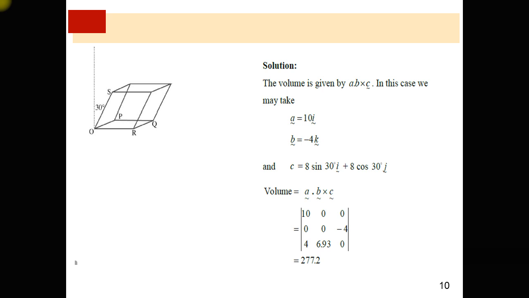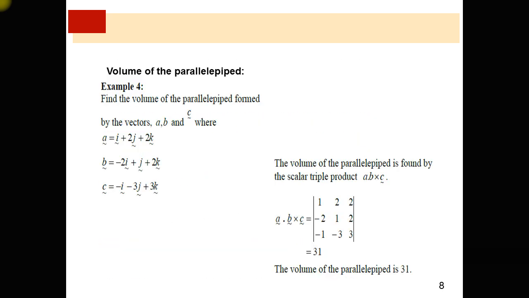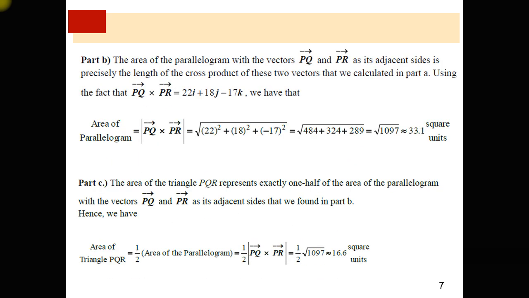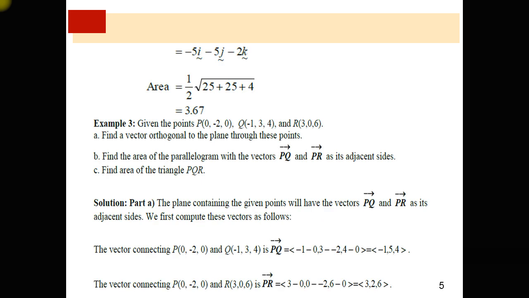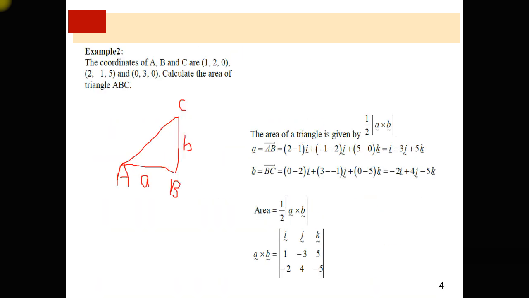If we divide this result by 2, then this is the area of the triangle, and if we do not divide this result by 2, then the expression gives the area of the parallelogram.